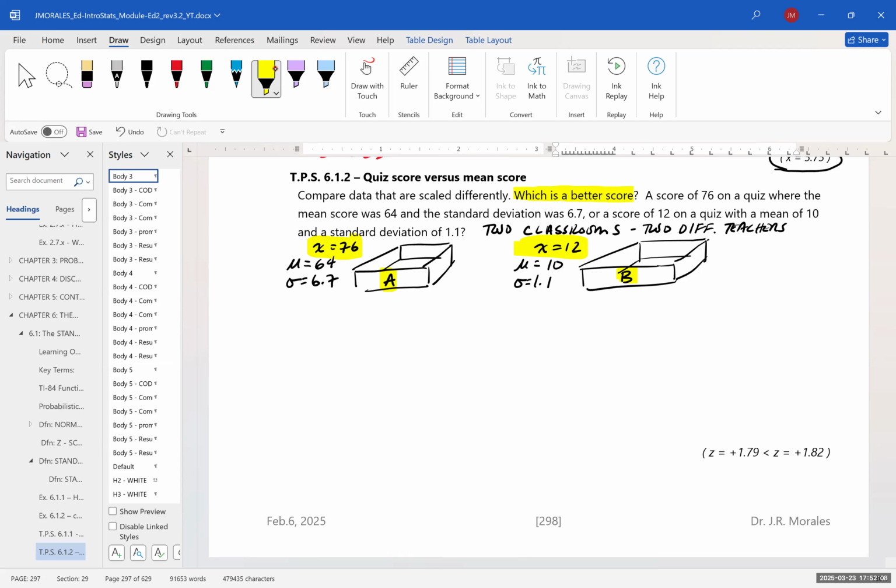So how do you determine whether the student who scored a 76 relative to their class was any better or worse than the student who scored a 12 in the other class relative to their students?